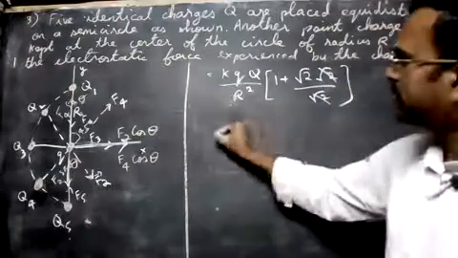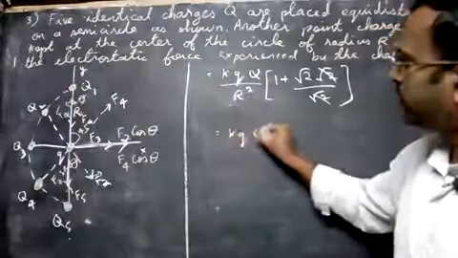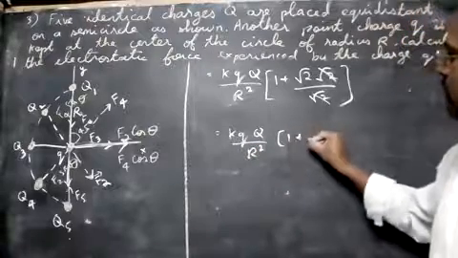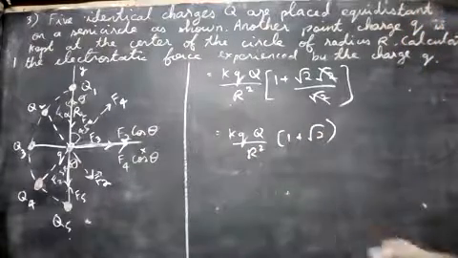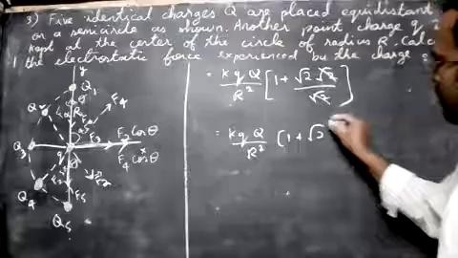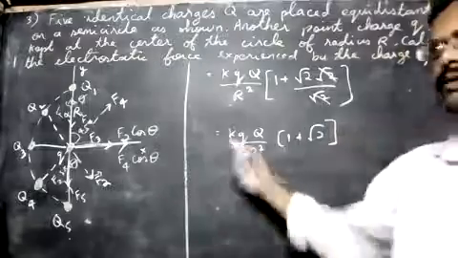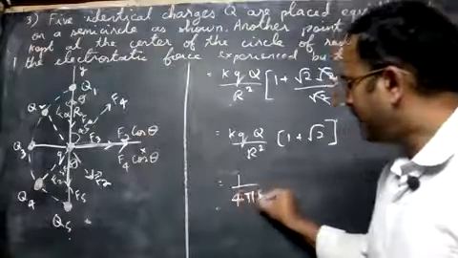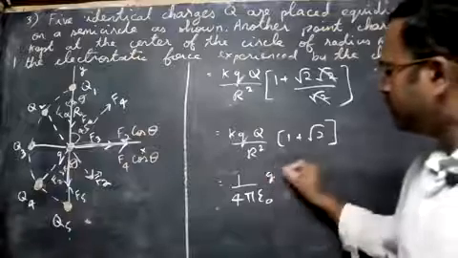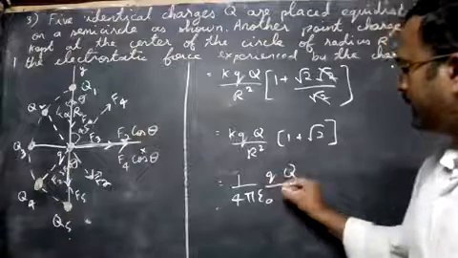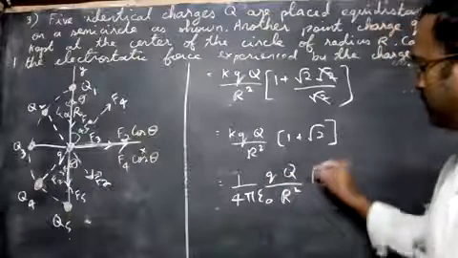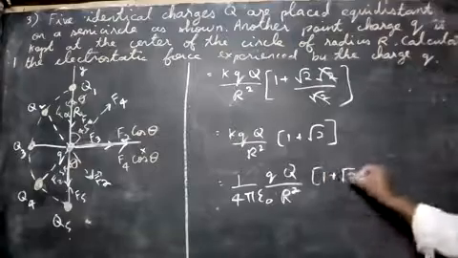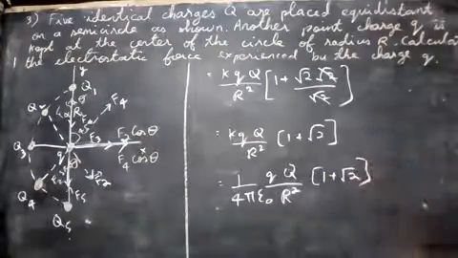So we get k q Q by R squared into 1 plus root 2. But we know k is 1 by 4 pi epsilon naught. So let's write that down: 1 by 4 pi epsilon naught, q Q by R squared, into 1 plus root 2. This is the force here.